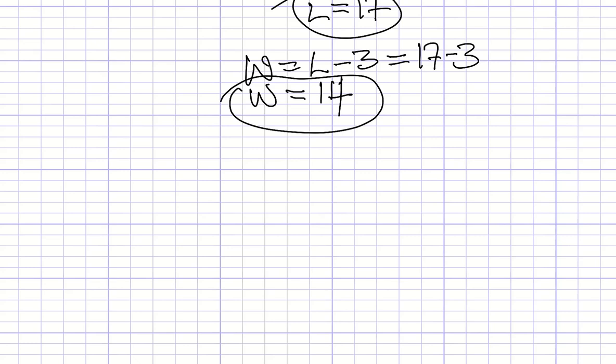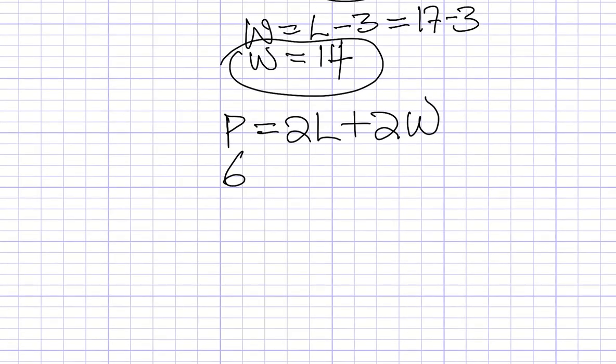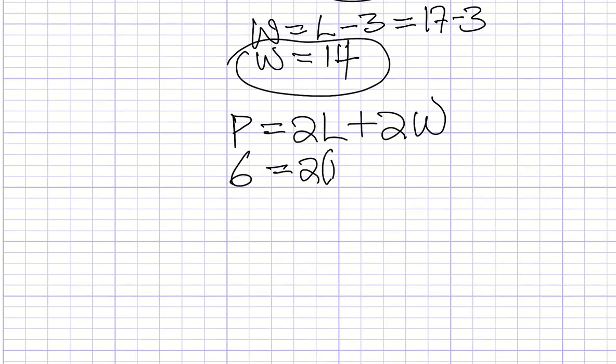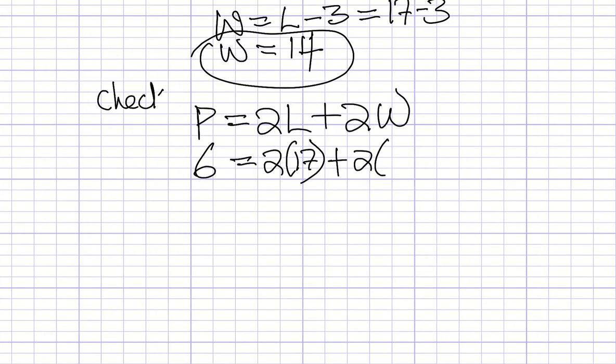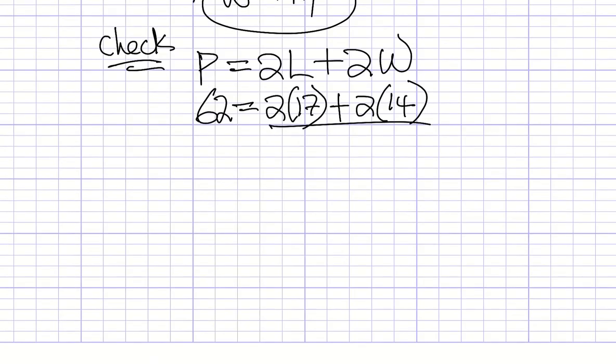Remember, perimeter is equal to 2L plus 2W, 2 times length and 2 times width. So with length 17, we have 2 times 17 plus 2 times 14. This is the check. Will it be 62 feet?